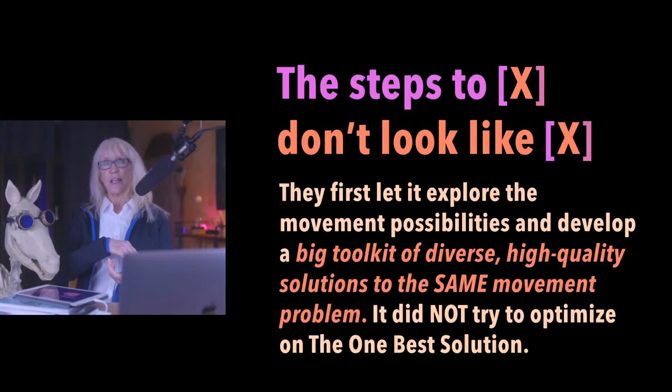So they had this robot first explore the search space. And by space, I don't necessarily mean the physical space, although that's part of it. It's exploring the space of possible ways that it can move and things that it can do.